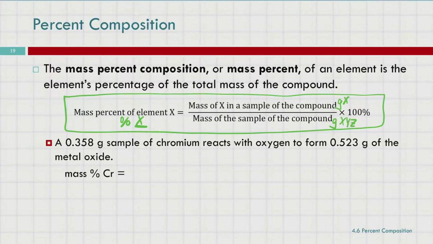So how much of it is just X? If we think about our lab yesterday, we did this for oxygen. So if we want the mass percent of oxygen, how much oxygen do we have versus how much is the whole thing? And then we multiply by 100%. Anytime we're doing a percent thing, there's always going to be this times 100%.